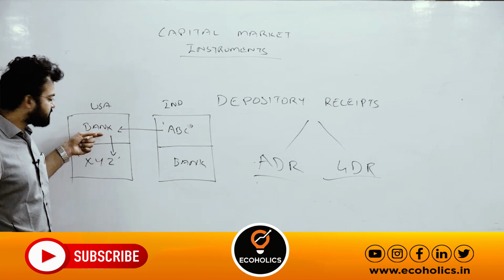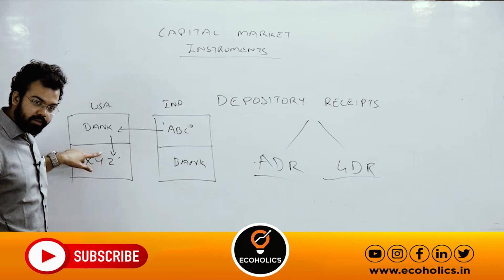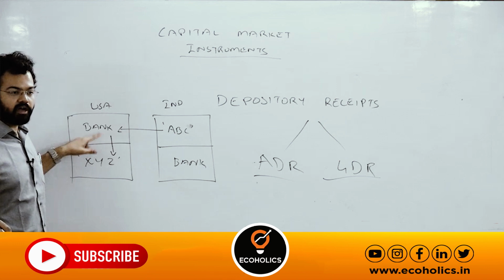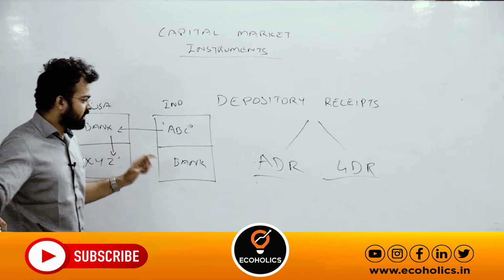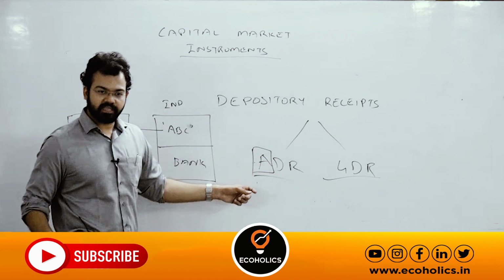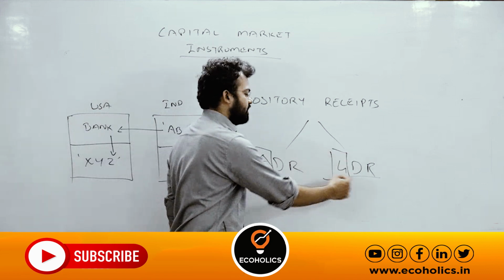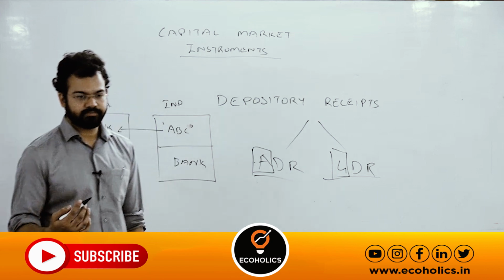So obviously if this will sell shares, this will hold shares, and the funds will go to this bank. Getting my point? So funds are not flowing from one country to another country. If this is happening in America, this is known as ADR. If this is happening other than America, this is known as Global Depository Receipt, GDR.